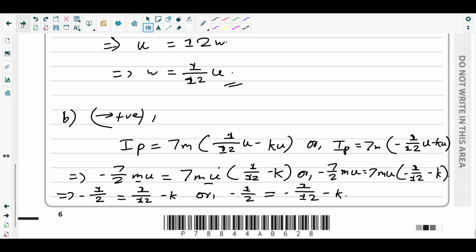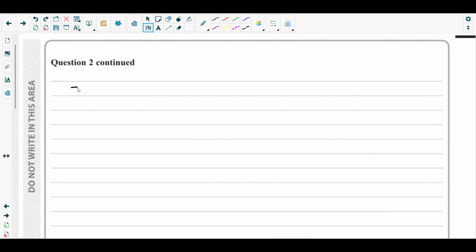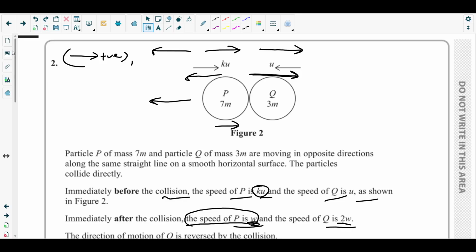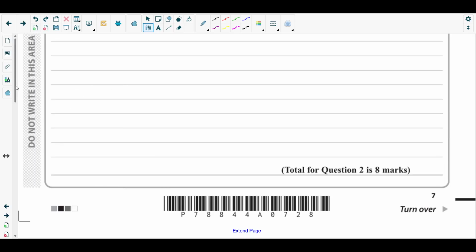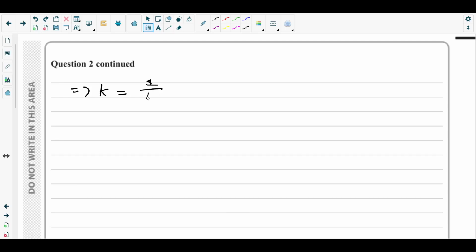Okay, so take k to the left and half to the right, so k equals to 1/12 plus half, it's 7/12.